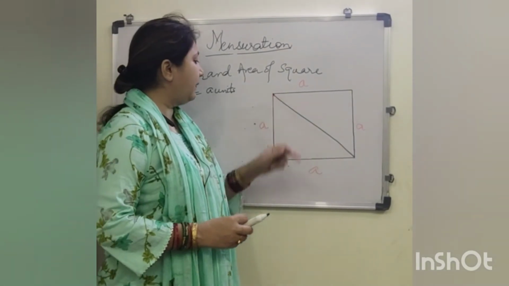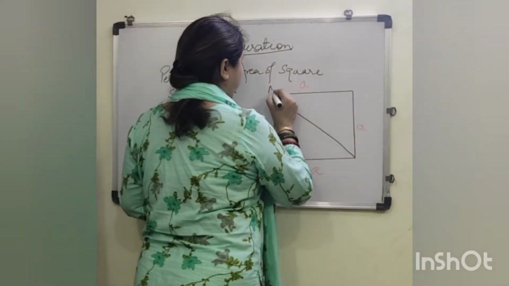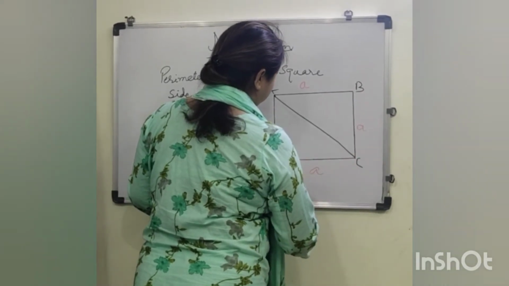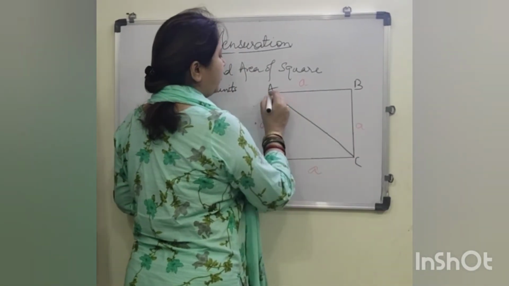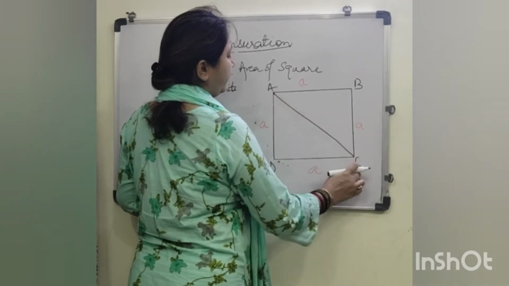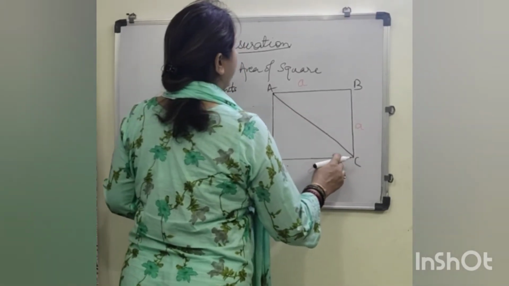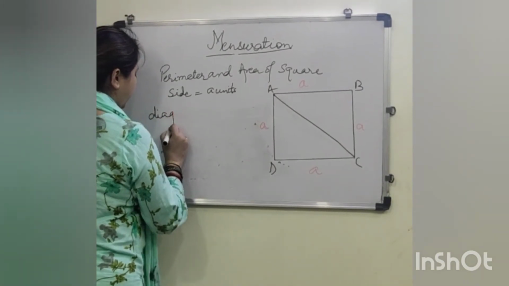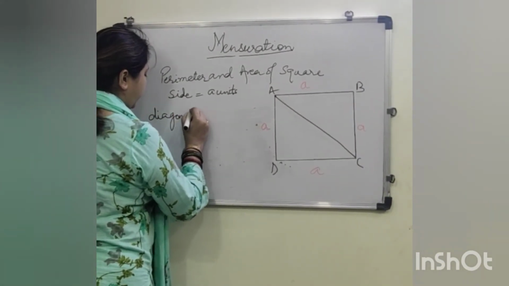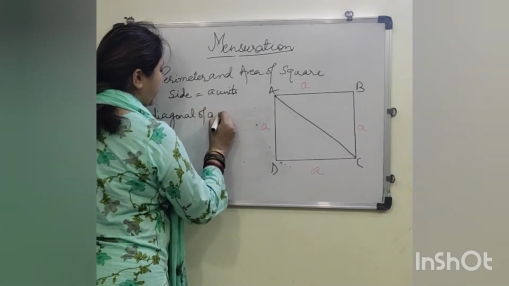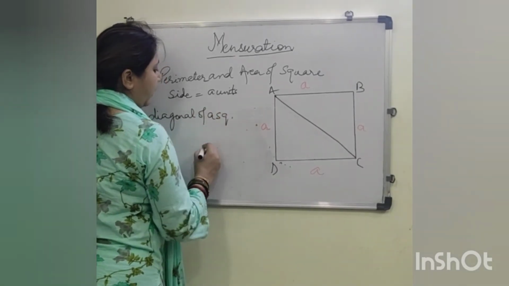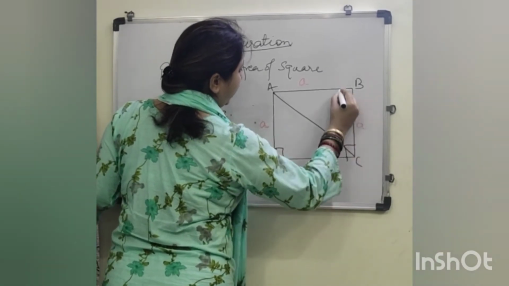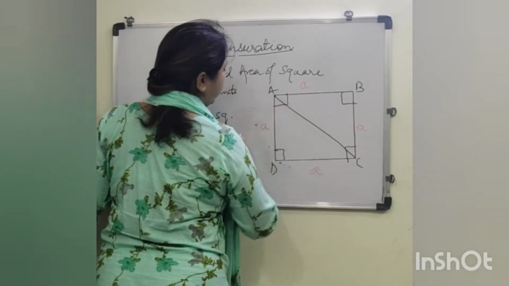You can see this line, say this is vertex A, B, C, D. The line segment joining the opposite vertices is known as diagonal. So diagonal of a square, we find how? By using Pythagoras theorem, because each vertical angle of a square is of 90 degrees.